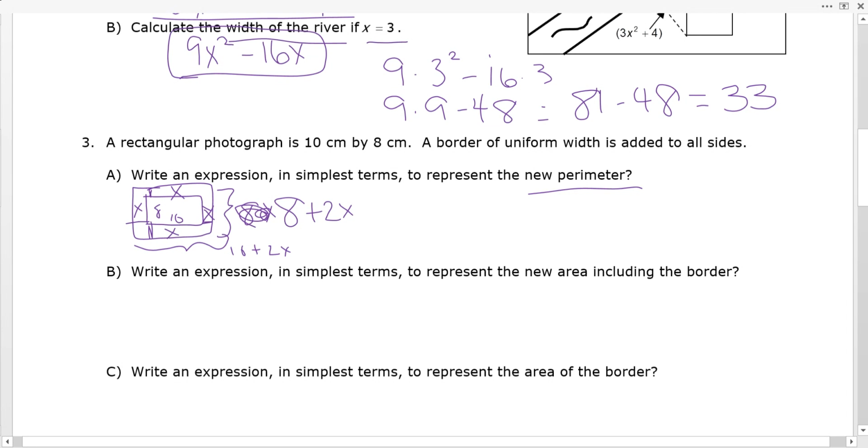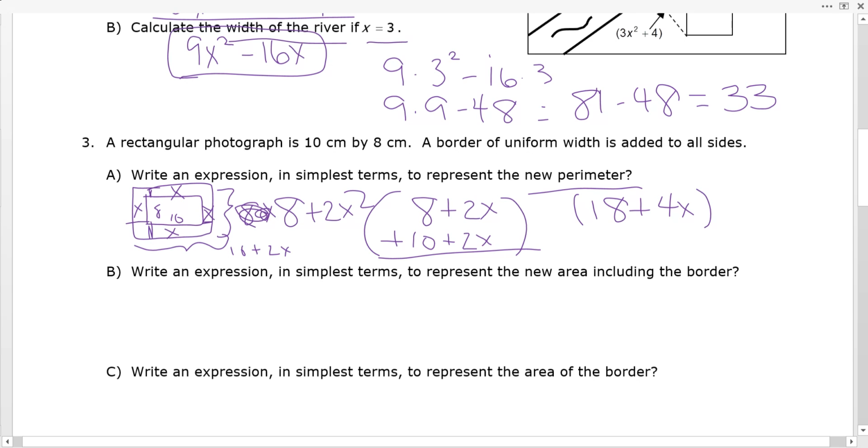So when I write the perimeter, I have 8 plus 2x plus 10 plus 2x. And then when I get that, I'm going to multiply the whole thing times 2. So I'm going to have 18 plus 4x, and I'm going to multiply that times 2, and I'm going to have 36 plus 8x is my perimeter.